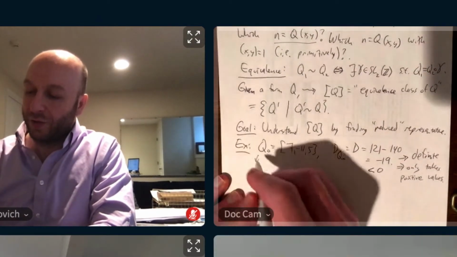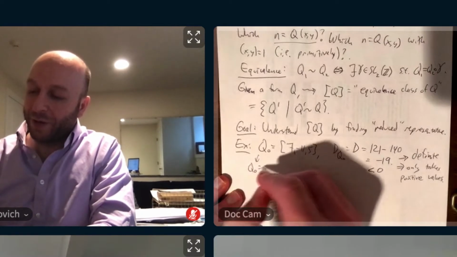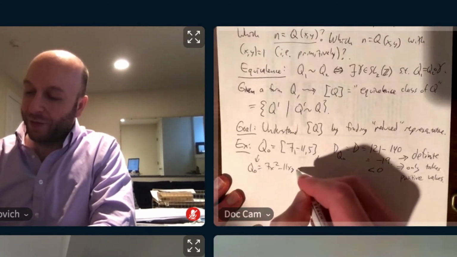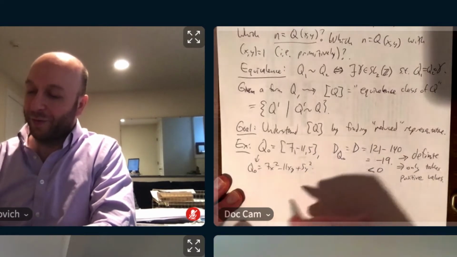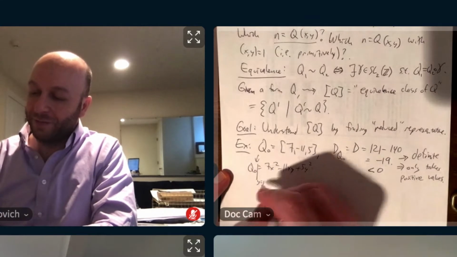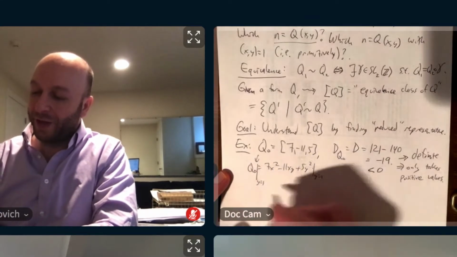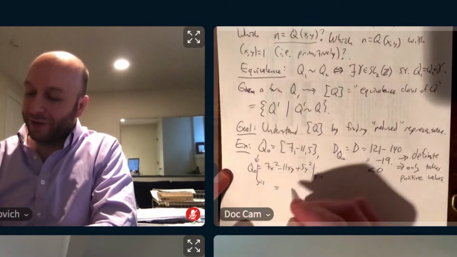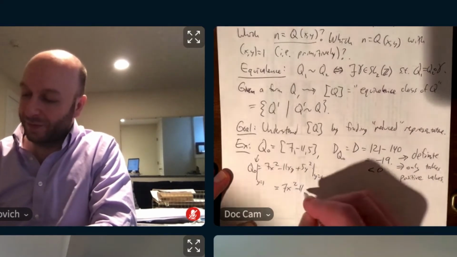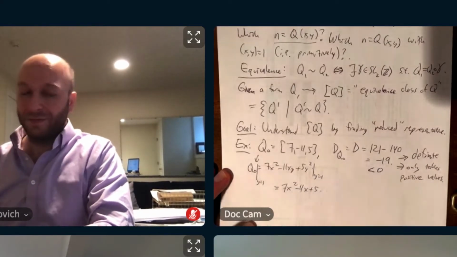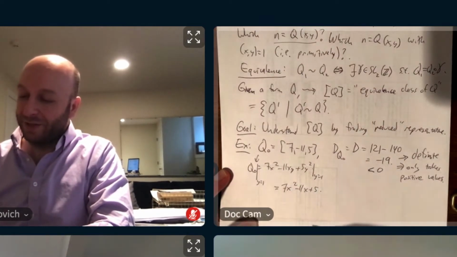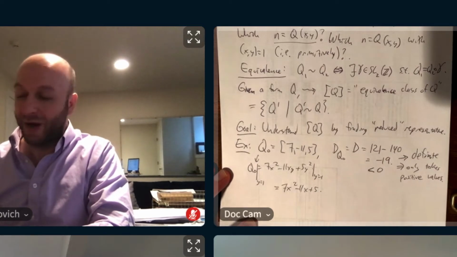Okay? So we start with a binary quadratic form, and we turn it into a polynomial in a single variable by restricting to y equals 1. Restricting to y equals 1 gives us this quadratic polynomial instead of quadratic form. And this polynomial is some parabola. The graph of this thing is some parabola.